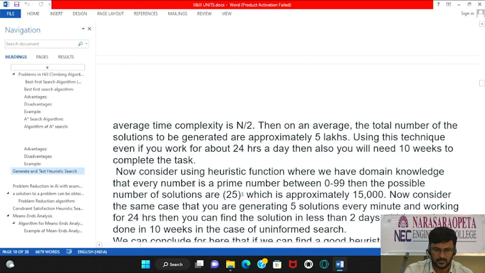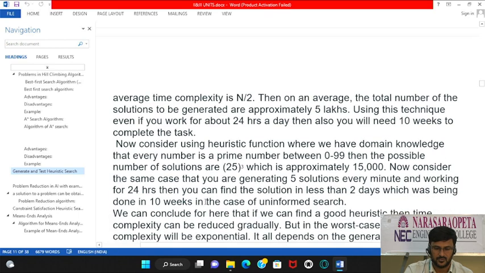Then the possible number of solutions is reduced to approximately 13,000. Now consider the same case of generating solutions. Then we can find a solution in less than 2 days, which would otherwise take 10 weeks in the brute force case.